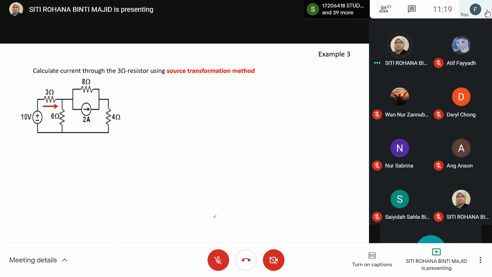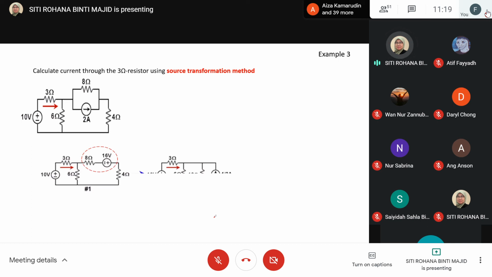We also can calculate the current through the 3 ohm resistor using the source transformation method, in which you have to transform the sources present in this circuit. That means you can transform voltage source to current source and back. So that is source transformation.